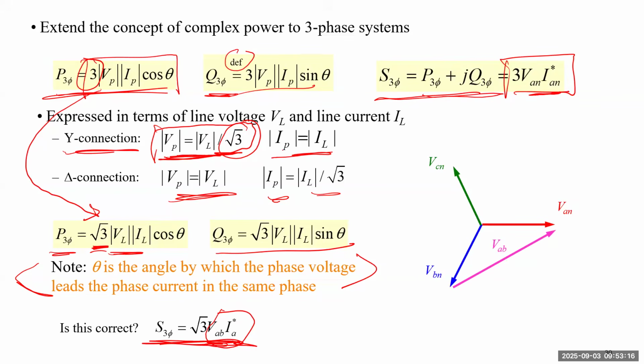We already proved VAB will be leading Van by 30 degrees, and is longer. VAB is Van minus Vbn, which is a phasor starting from the second head to the first head. So this is VAB.